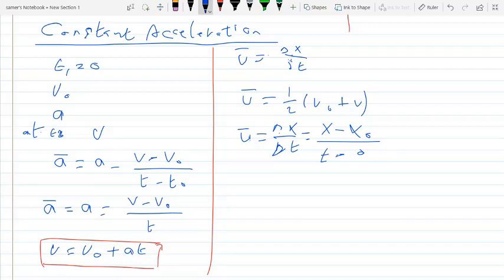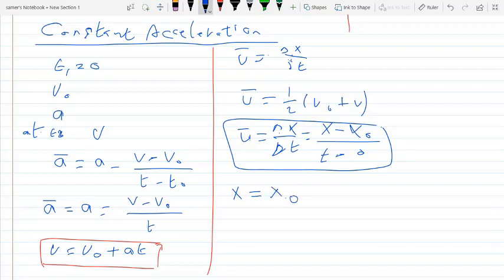Now, if we write this equation as a function of t, we can write x equals x0 plus v average t, or x equals x0 plus, instead of v average, we are going to substitute this equation.